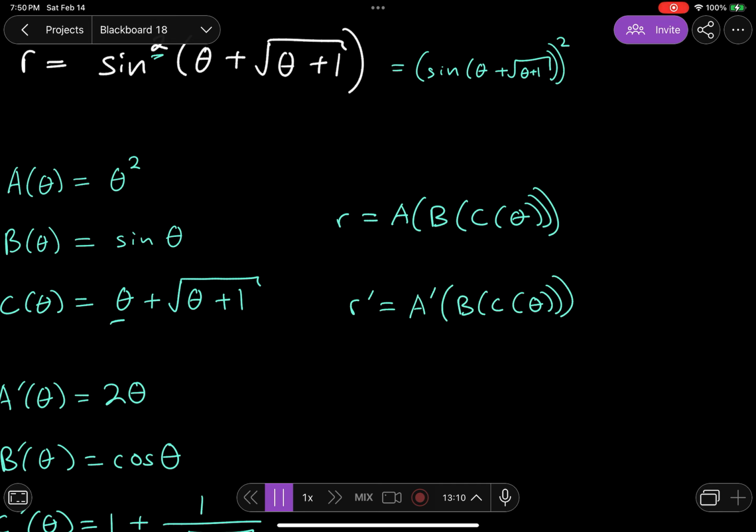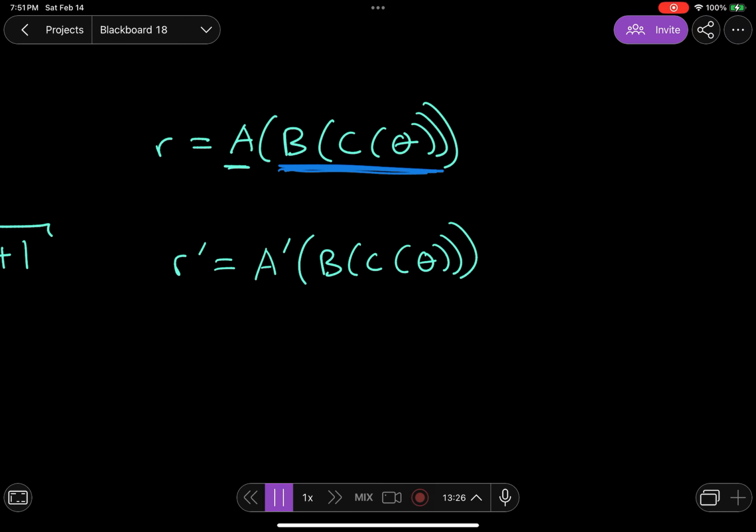So notice it's kind of like I have the outside function a, and then this whole inside part is the inside function. But then what I need to do is multiply by the derivative of the inside function. In other words, I need to multiply by the derivative of b of c of theta. I guess I'll write it down.